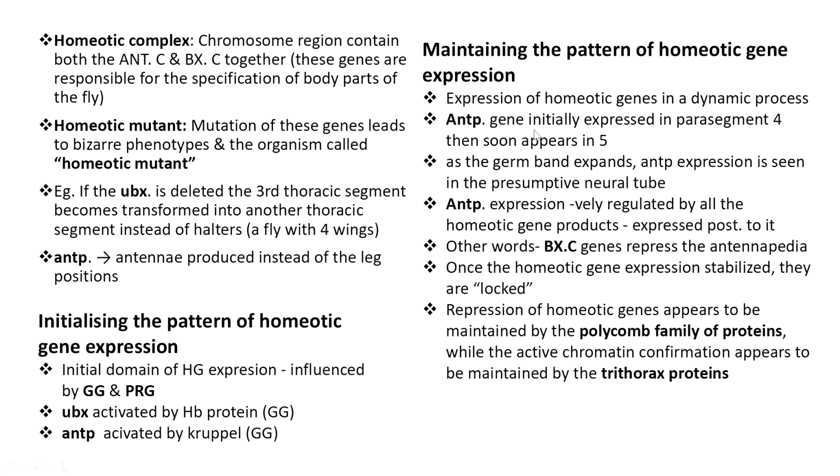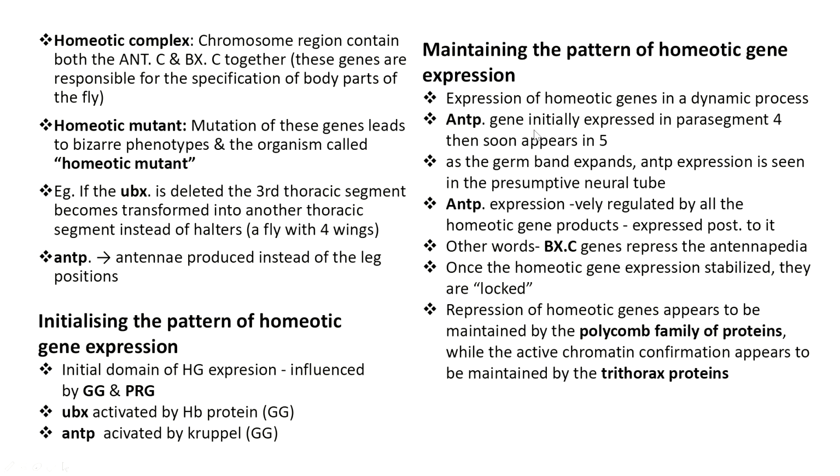The repression of homeotic genes appears to be maintained by the polycomb family of proteins. The repression is maintained by a set of proteins called the polycomb family of proteins, while the active chromatin conformation appears to be maintained by trithorax protein.